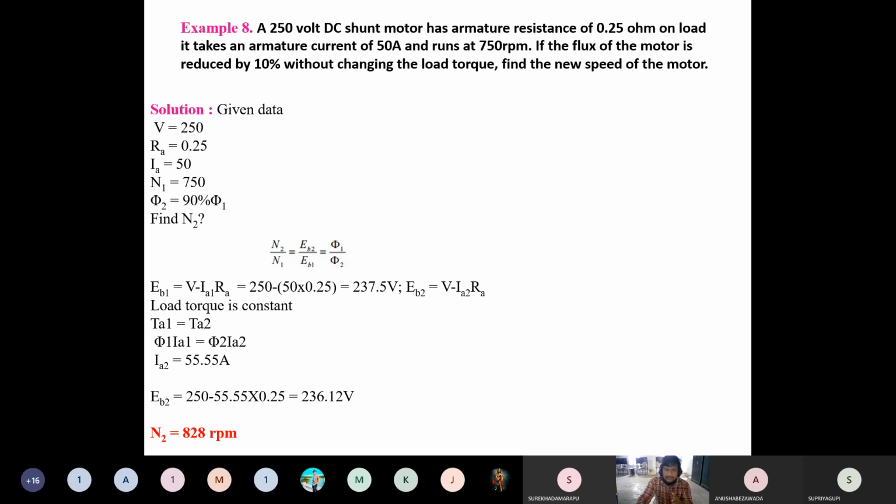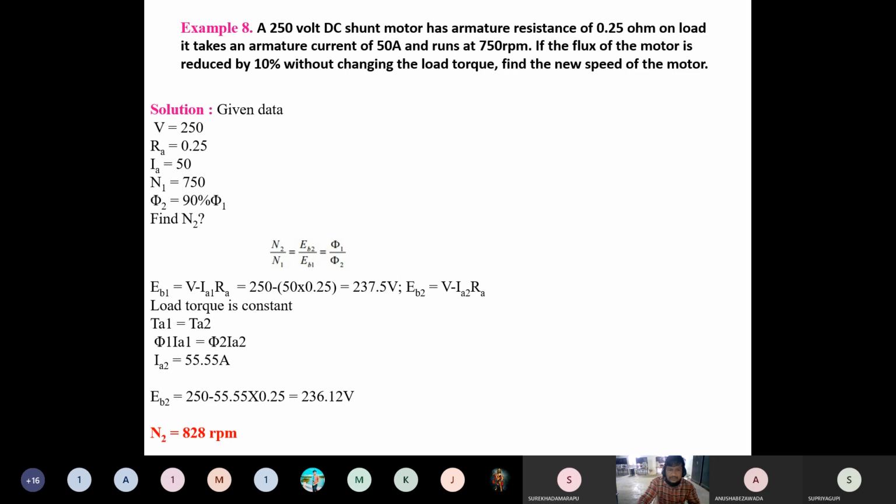We know phi 1 by phi 2, which is nothing but 1 by 0.9, since 90 by 100 is 0.9. But we don't know EB1 and EB2, they gave N1 and the relation between phi 1 and phi 2.